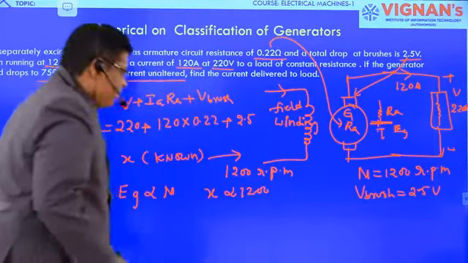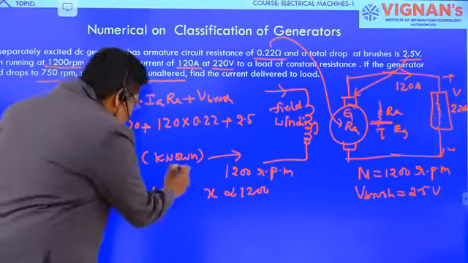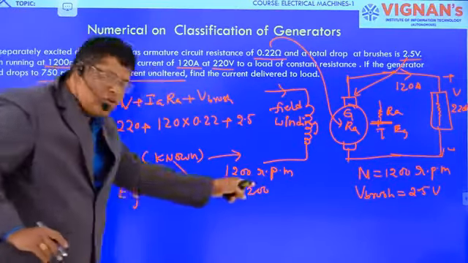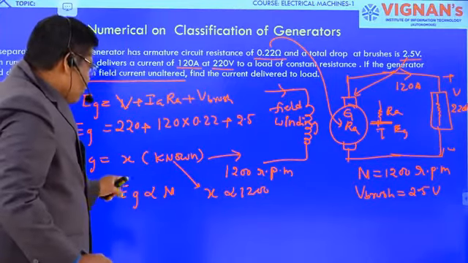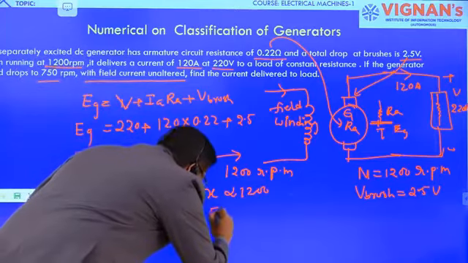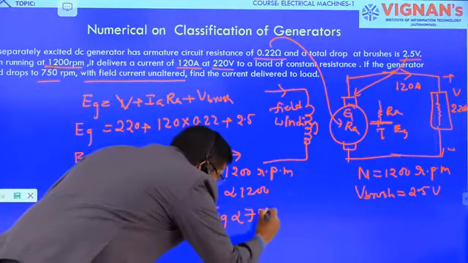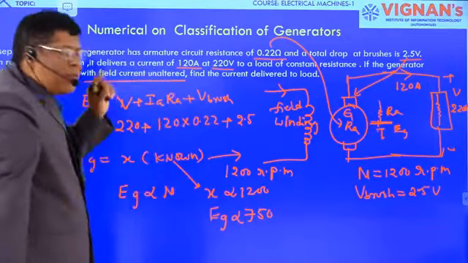Nothing but this voltage X is a known quantity, that is proportional to 1200. Now we have to find out how much is the EG, the generated voltage at 750 rpm. Directly proportional.